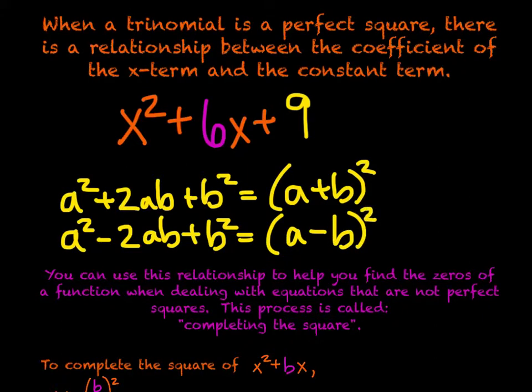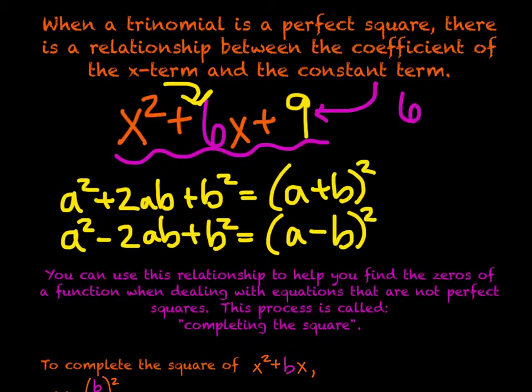So dealing with these perfect square trinomials, we can see that there is a relationship between the coefficient of the x term and the constant term. There is a relationship between this term right here and this term right here. If we look at the 6 and the 9 in our example problem, we can say 6 is divided by 2, and that gives us 3.